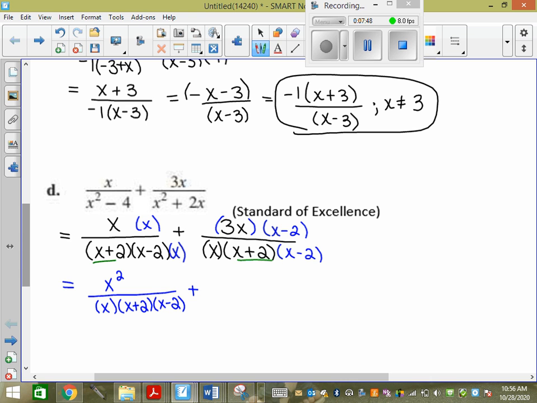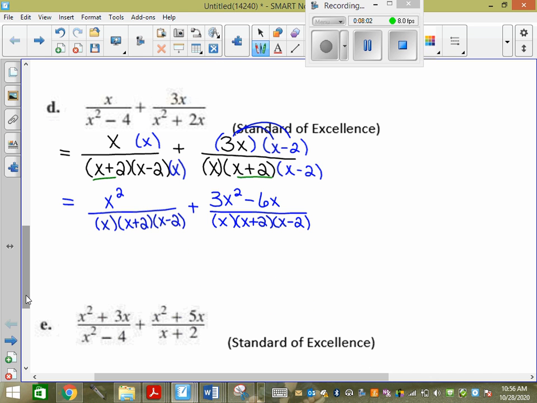And then plus, and I have to distribute this one through, so I get 3x squared minus 6x over (x plus 2)(x minus 2). So now I have common denominators, right? Indeed. So we can write them over one denominator: (x plus 2)(x minus 2).